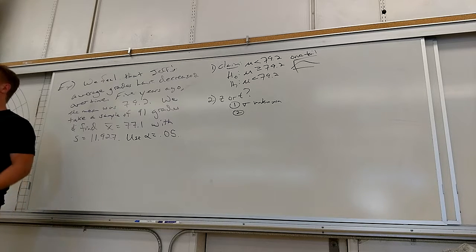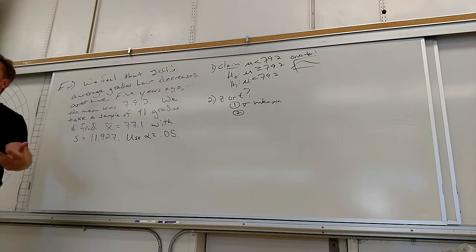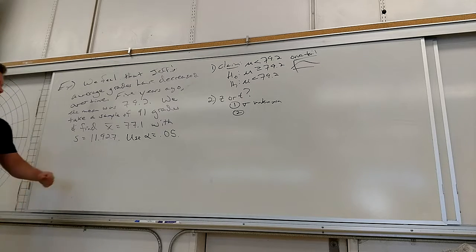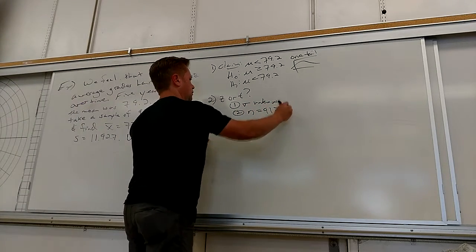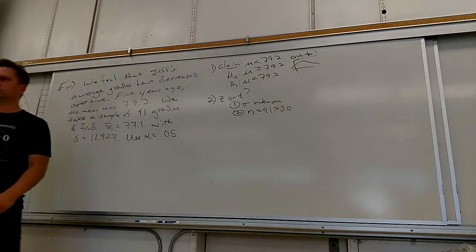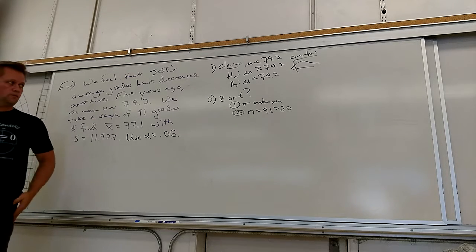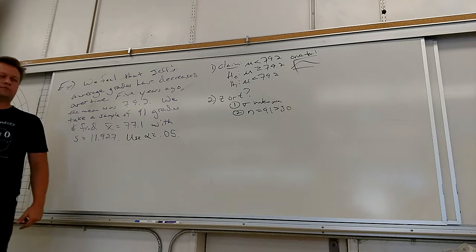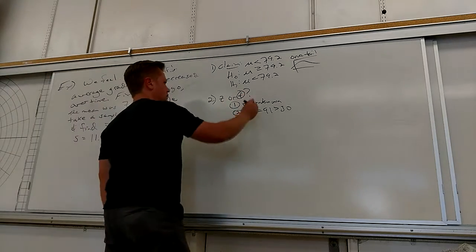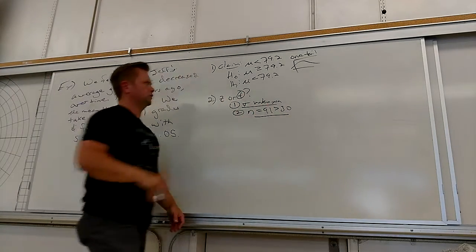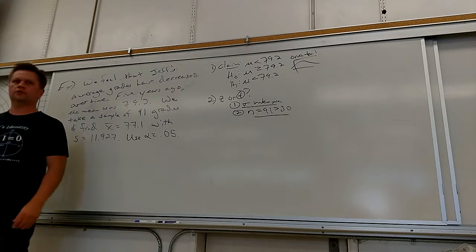It really should be the first thing you tell me, because it tells you whether you do anything at all. N is 91, which is greater than 30. The 5 is the magic number for np and nq. So I use t-scores because it is normal, but I don't know the population standard deviation.